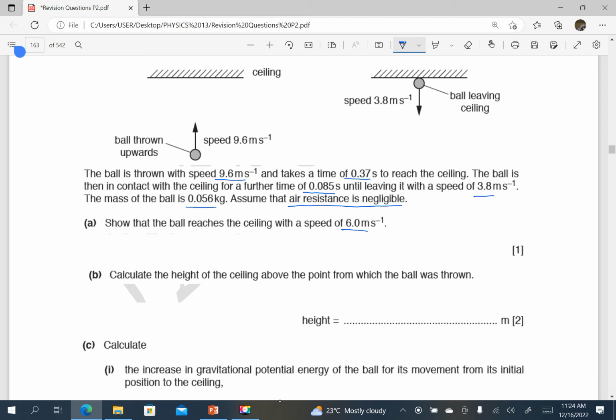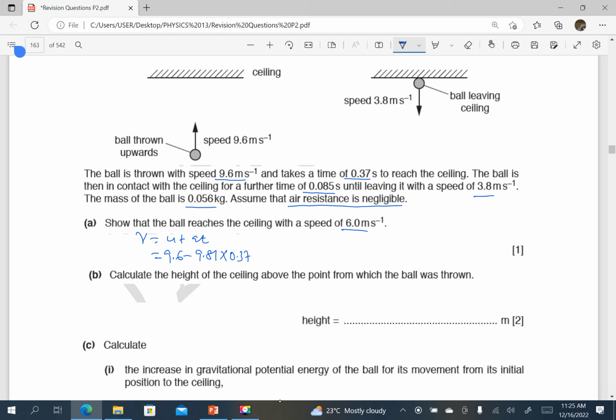This is basically kinematics. So v is equal to u plus at. Our initial velocity is 9.6. Because it's moving upwards, acceleration is going to be minus 9.81. The time it takes to reach the ceiling is 0.37, so this is times 0.37.